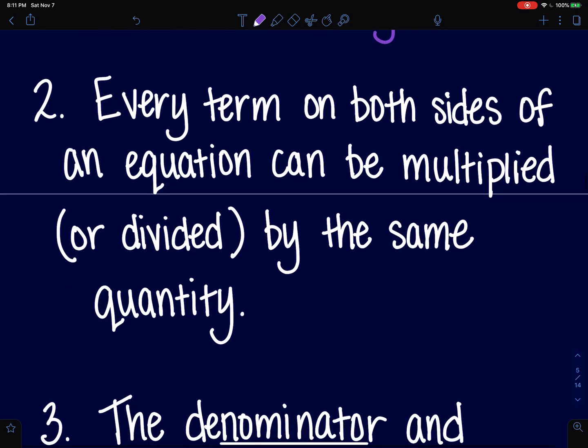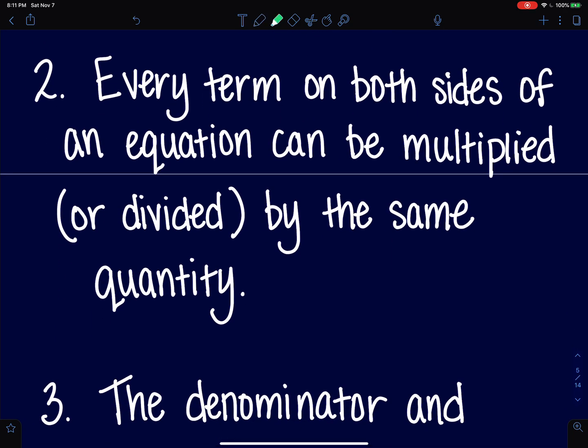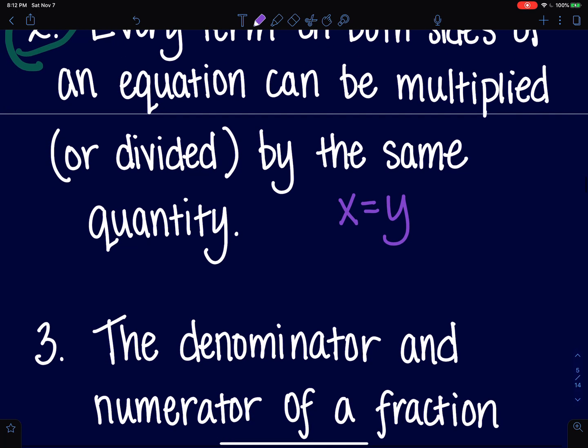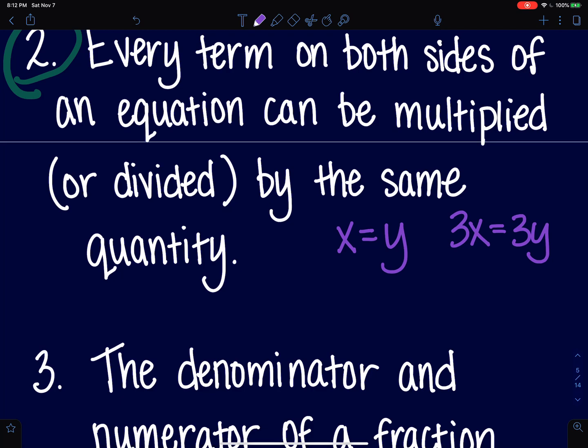Number 2, very important rule. Every term on both sides of an equation can be multiplied or divided by the same quantity. What does that mean? That means if you have x equals y, you can say 3x equals 3y because I just divided or multiplied both sides of the equation by the same quantity.